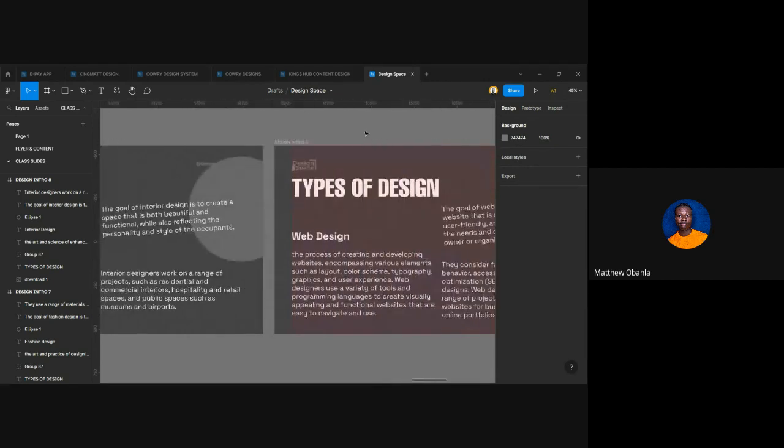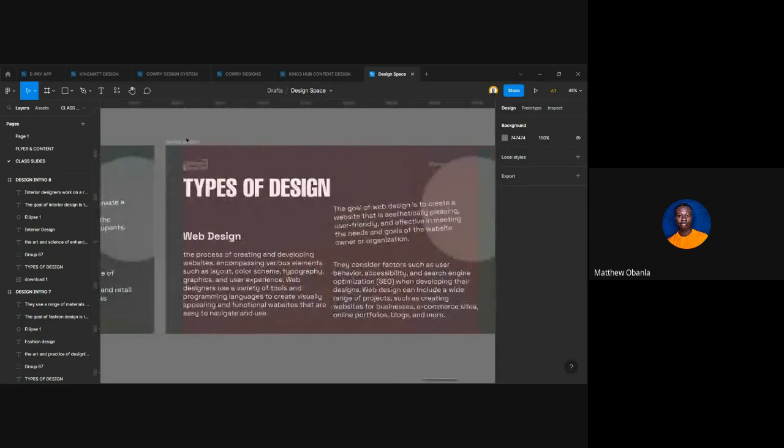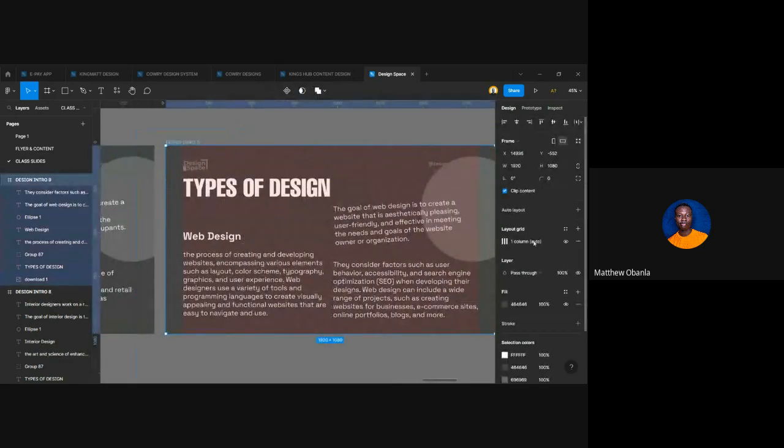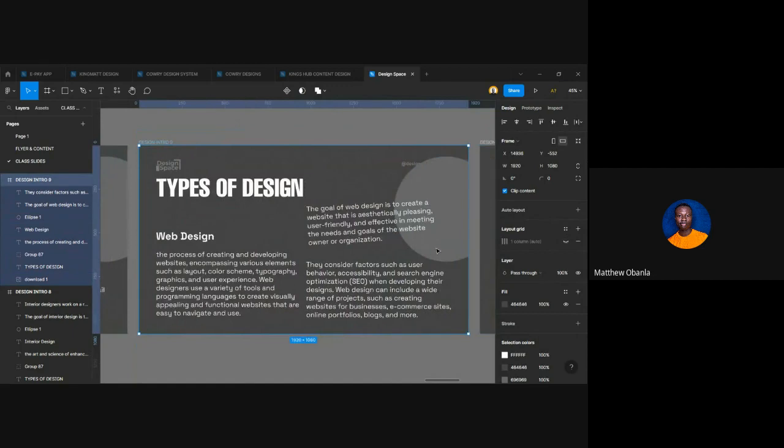Okay, so we are going to move to web design. This is the last type of design that we are going to be exploring this night before we have time for questions. Web design, like I mentioned here, is the process of creating and developing websites. It encompasses various elements such as layout, color scheme, typography, graphics, and user experience.